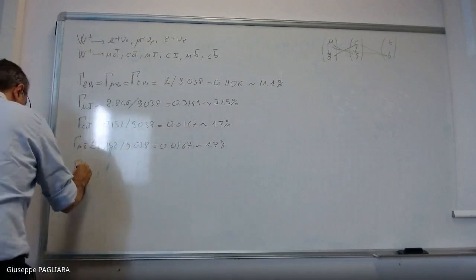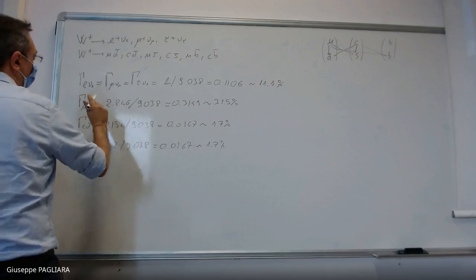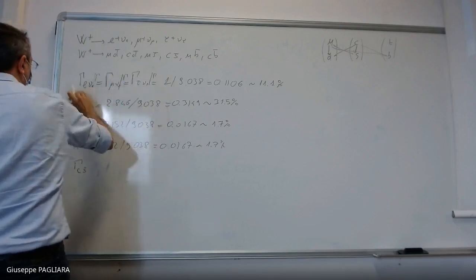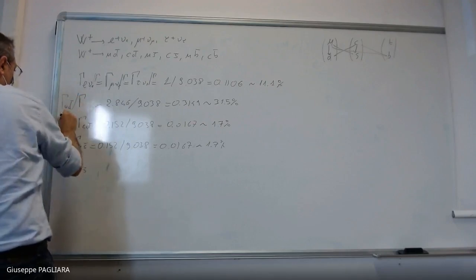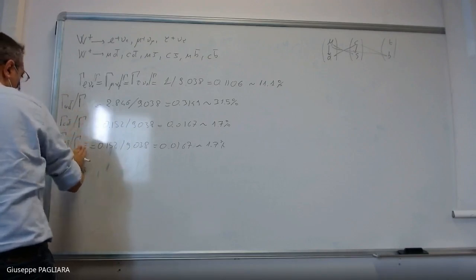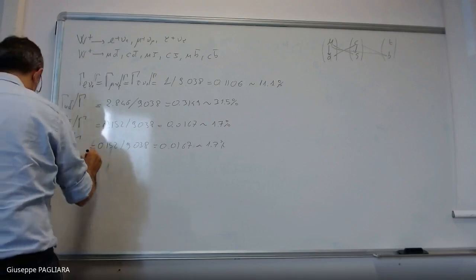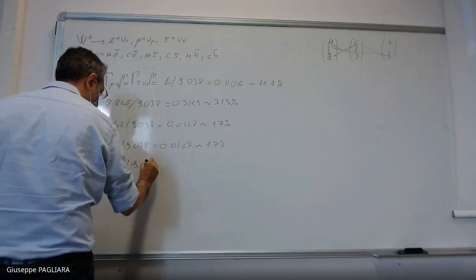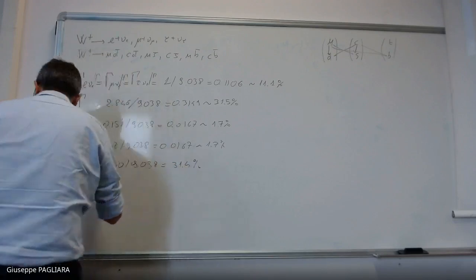Then we have the cs̄. Like all of these, this is divided by the total. So this is 2.840 divided by 9.038, and it is again 31.4%.